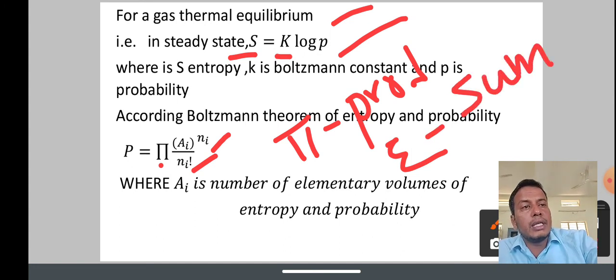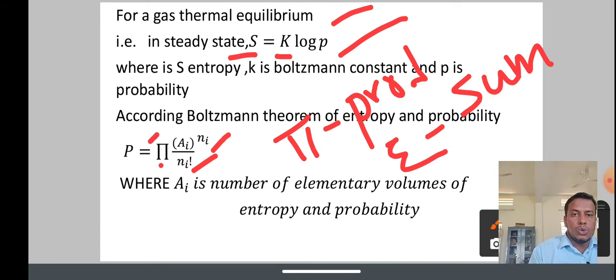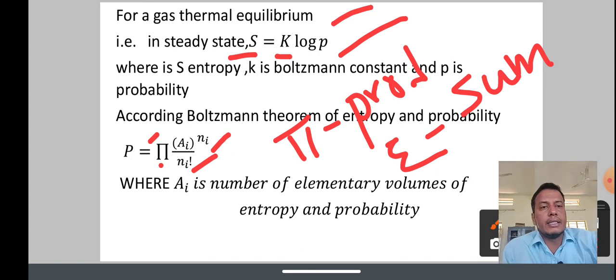It represents the product over the number of particles. Ni is the number of particles, and A is the number of elementary volumes.